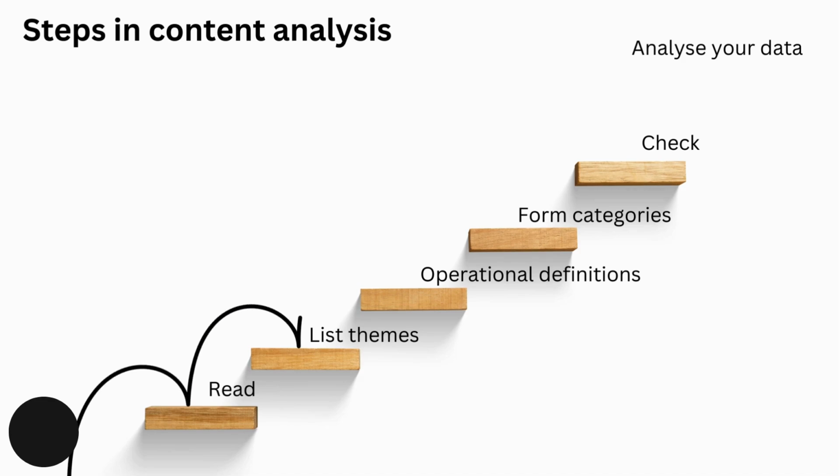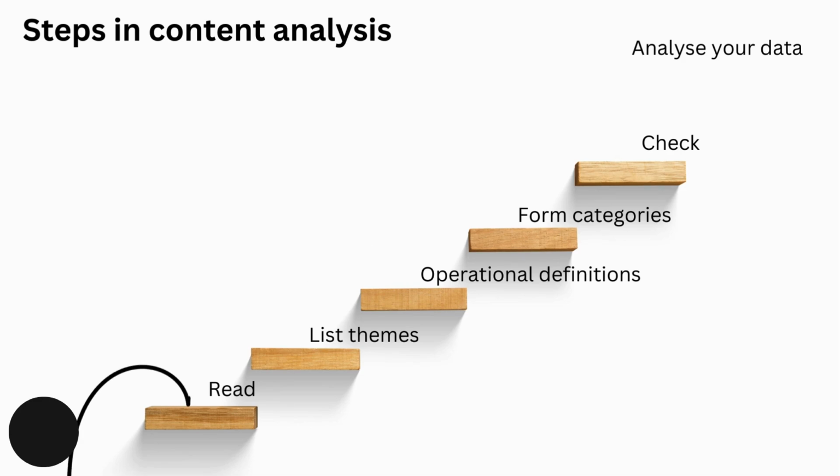We conclude with considering the steps in content analysis as follows. You are required in the beginning to read the text several times to make notes and gather relevant information. Thereafter, you're going to go through your notes and list the different types of themes that emerge.